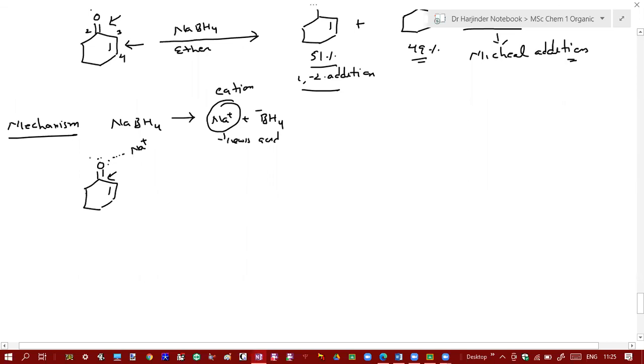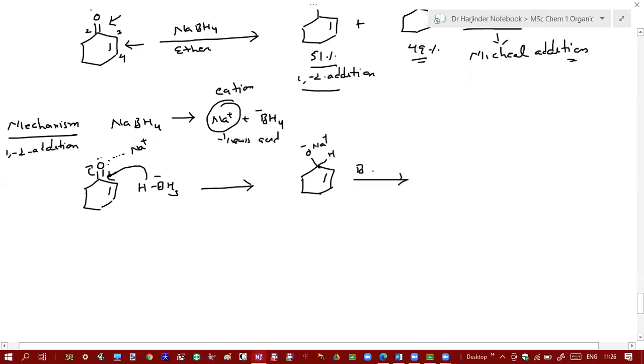So in the very first step during 1,2 addition, if you consider 1,2 addition first, this BH4 negative ion will transfer hydride ion to this carbonyl carbon, and this will shift over here. So initially it will result in the formation of O negative and Na positive, and hydrogen will be there.